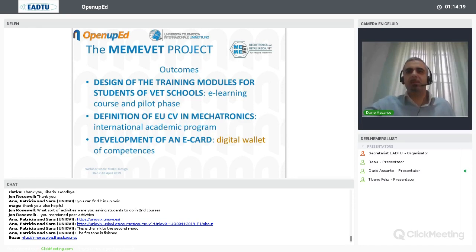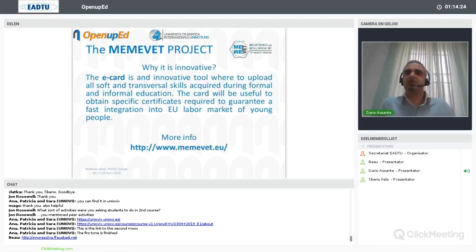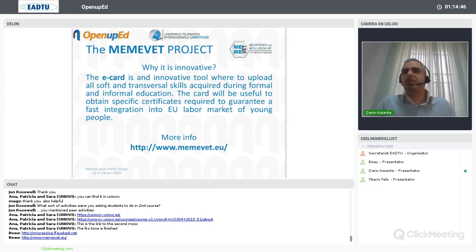But the most innovative aspect of this project is probably the creation of an e-card. This e-card is an online tool that will be, let me say, a digital curriculum. It's an online tool where students can put all their experiences, and it's possible to add badges related to training courses and so on.